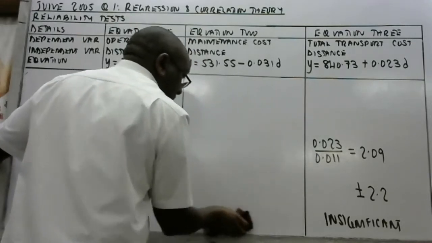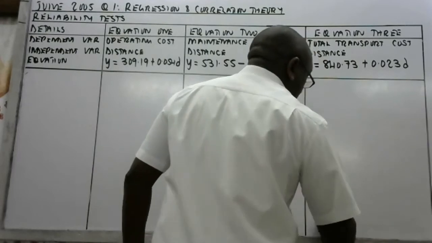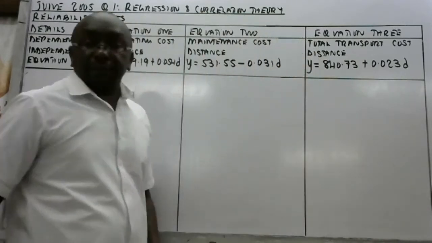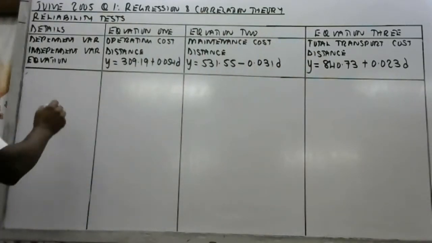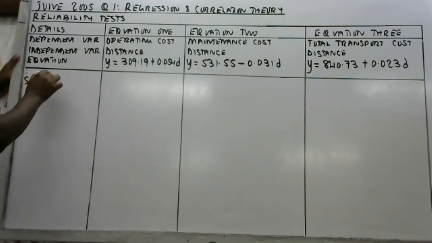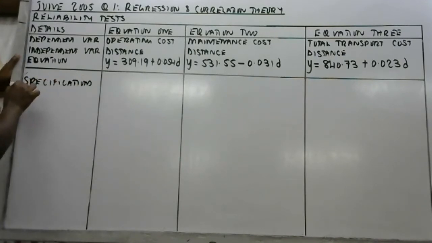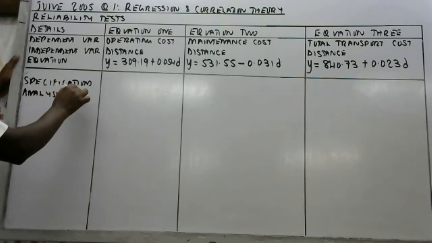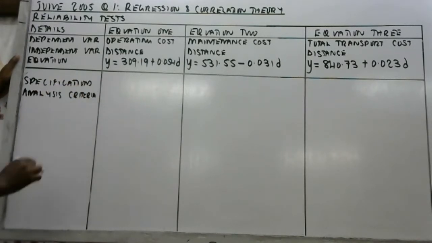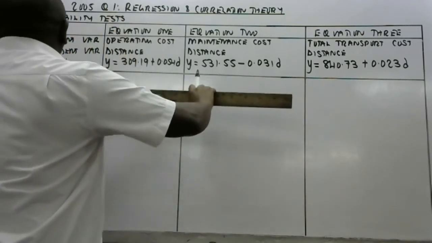Now, the specifications, analysis, criteria. It is what in our notes I told you is called assumptions.